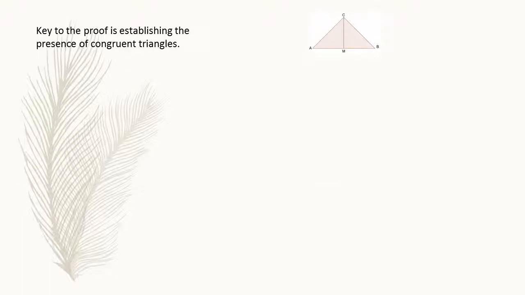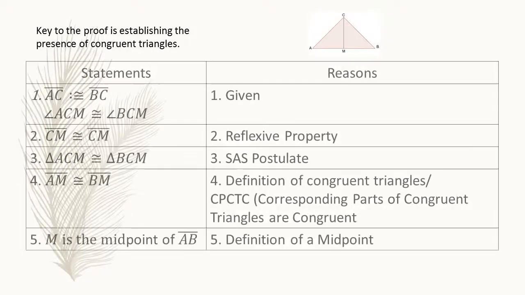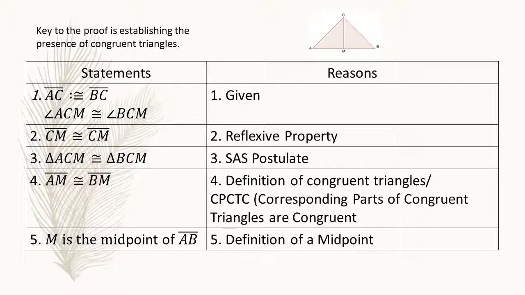We have here the given triangle and the two-column proof. First column is the statement and the second column are the reasons. First, we have line segment AC is congruent to line segment BC and angle ACM is also congruent to angle BCM. These statements are given.